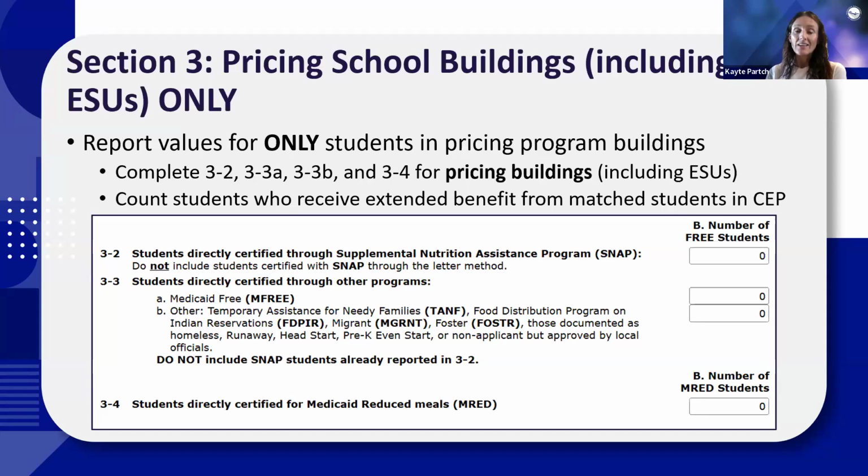That student's having the extended free meal benefit and attending a pricing school means they do need to be included in the total count reported in 3-2 or any of the applicable fields or categories in section 3.